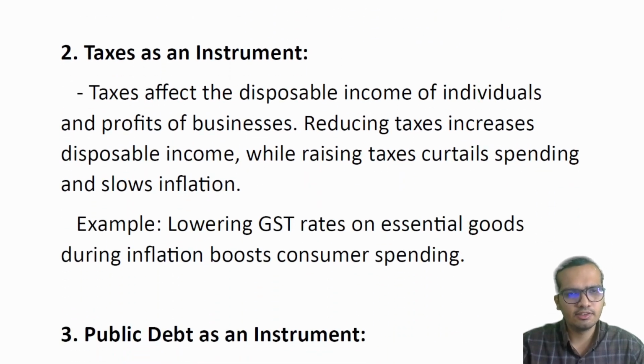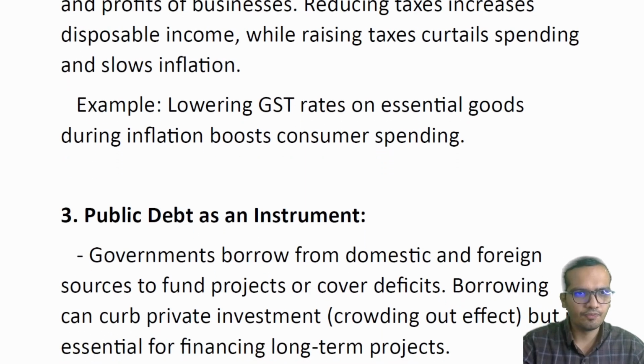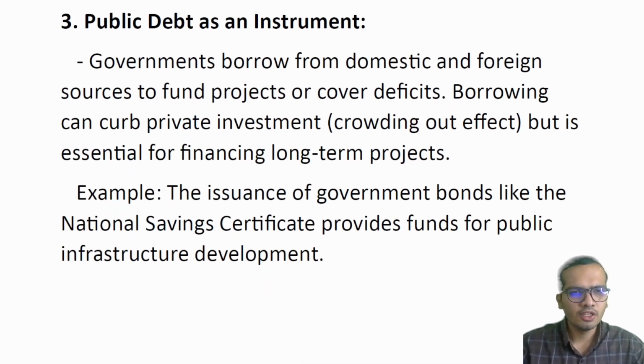Second, taxes as an instrument. So taxes affect the disposable income of individuals and profit for businesses, as I discussed earlier. So reducing taxes increases disposable income, while raising taxes curtails spending and slows inflation. Example: lowering GST rates on essential goods during inflation will boost consumer spending. Third, public debt as an instrument.